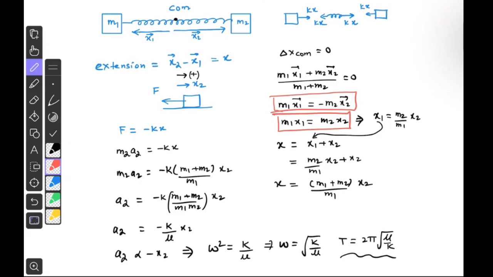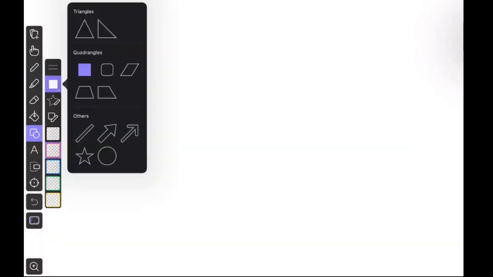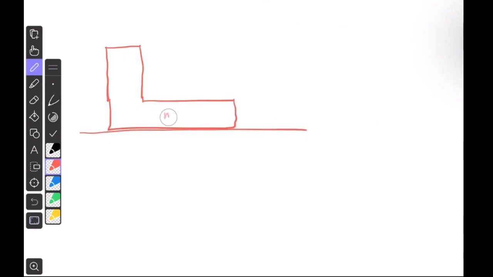Then just one example, then I'll leave you. This is an L-shaped block of mass m2 kept on a smooth horizontal surface.